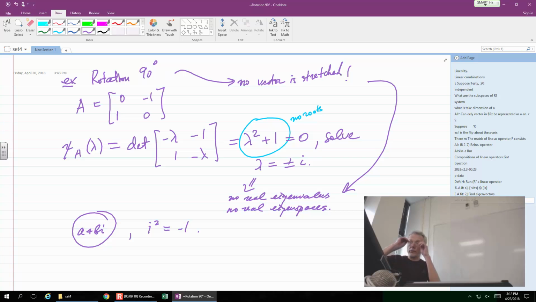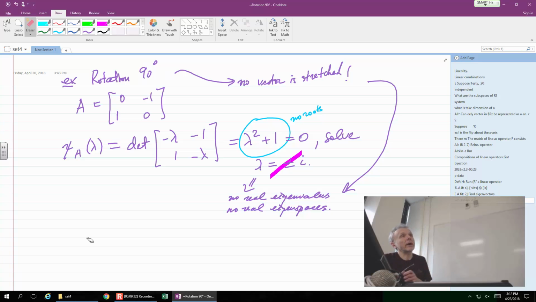So I have to try to altogether avoid it, so I decide not to worry about complex numbers, for now at least, and just speak as if there are no eigenvalues. There are no eigenvalues, which means that there are no eigenvectors, there are no eigenspaces, which means that no vector is stretched in that plain sense.